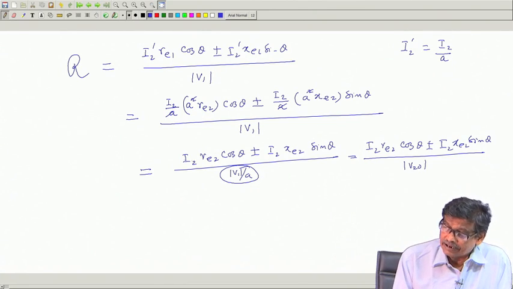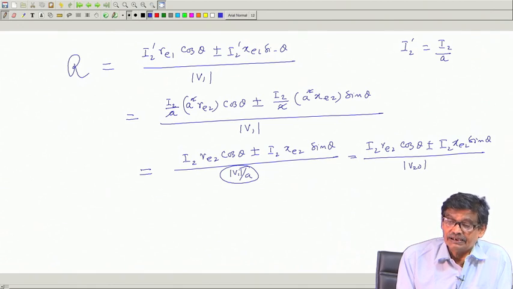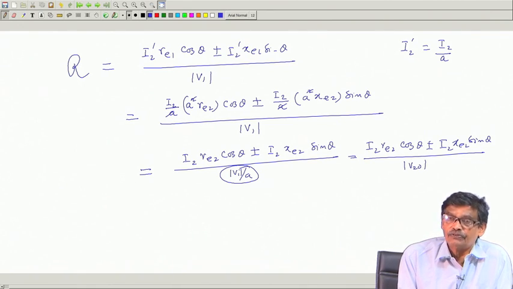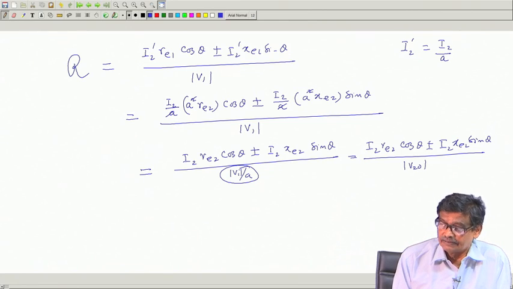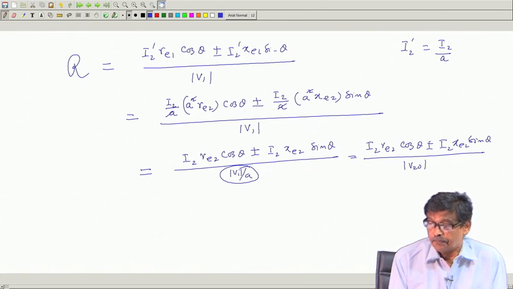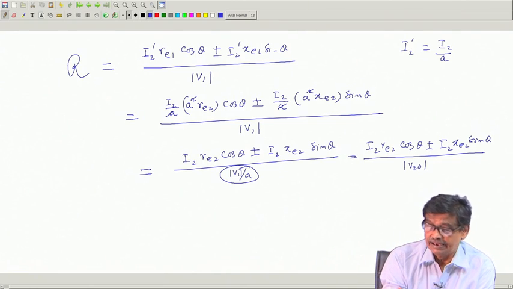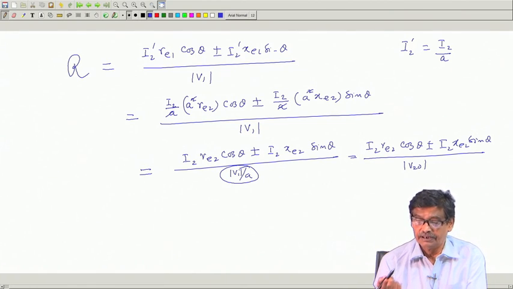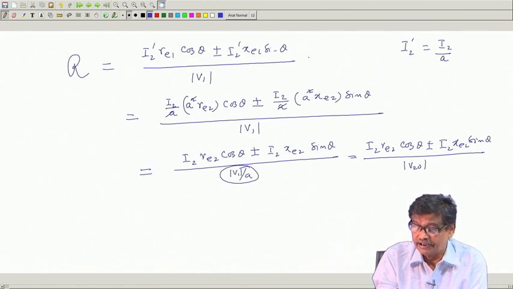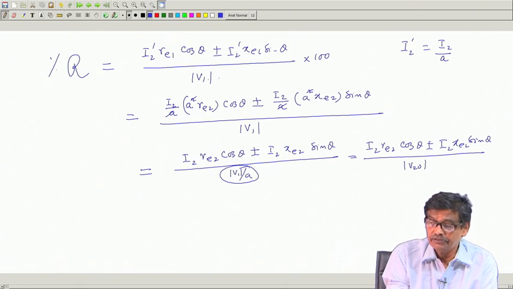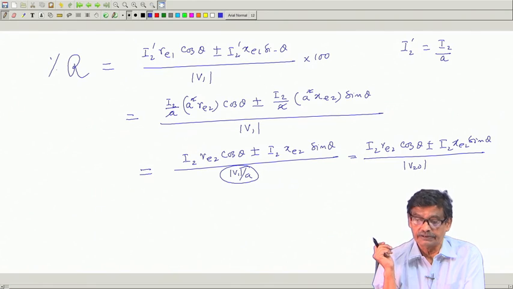So, the numerator actually is the difference of the magnitude of no load to full load voltage. This into 100 will give you percentage regulation. This is per unit regulation, percent regulation.